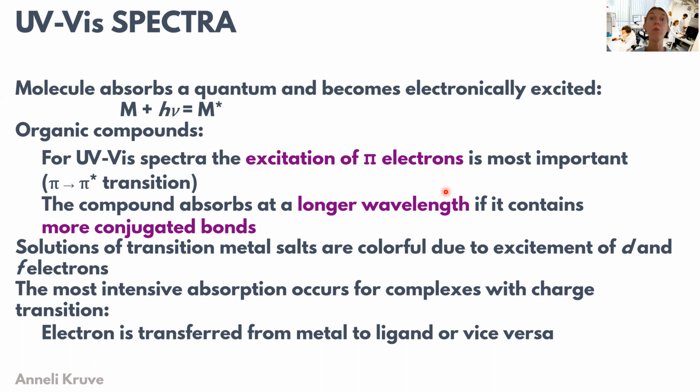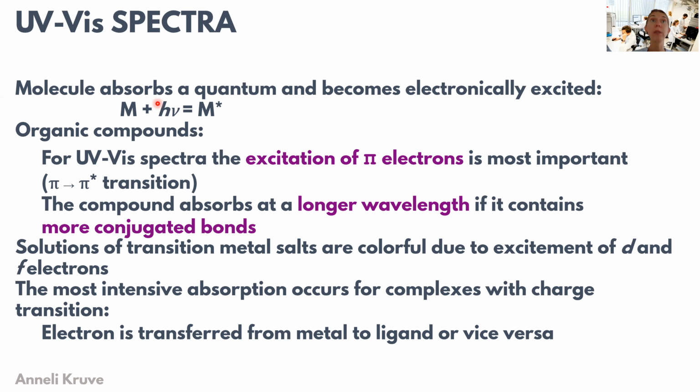So as I told before, this is an absorption spectrum. This means that we measure how much light is being absorbed by the molecules when these molecules are being exposed to the light of a specific wavelength.